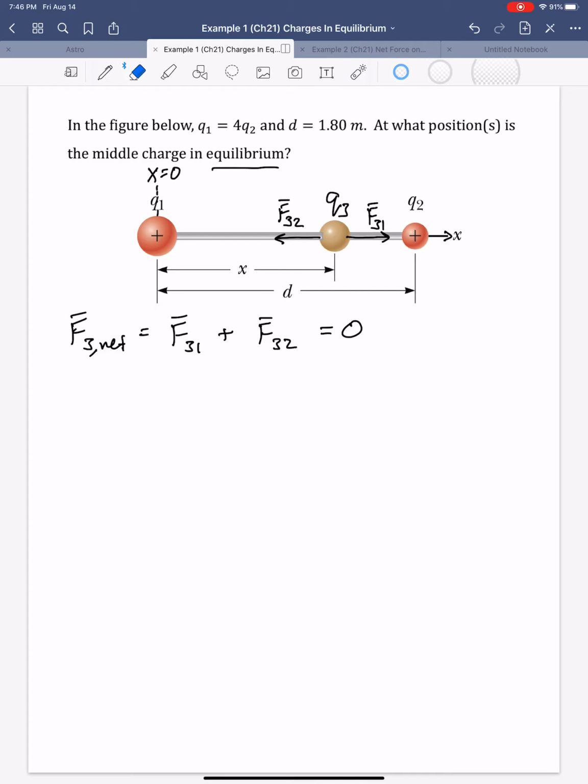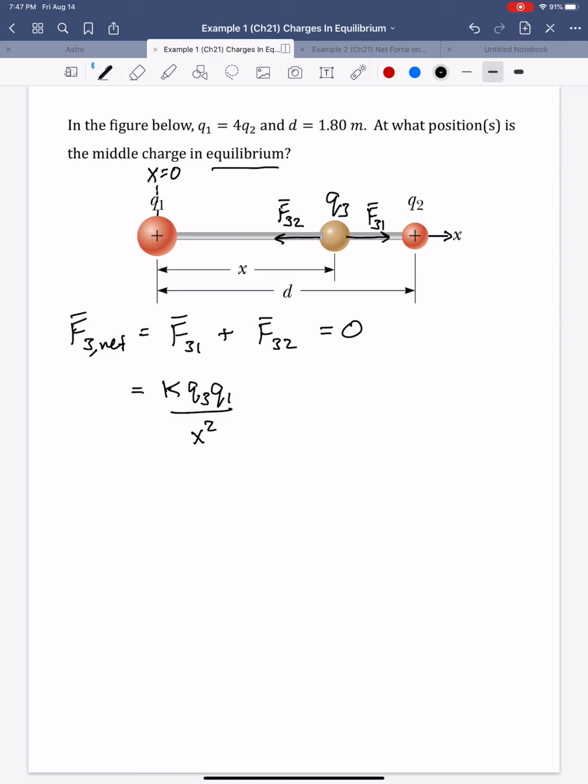Let's write the first term here in terms of Coulomb's law for the force on 3 due to charge 1. We have the Coulomb constant, we'll keep that as k for right now, times the product of the charges, Q3, Q1, divided by the distance between those charges squared, that is x, between 3 and 1.